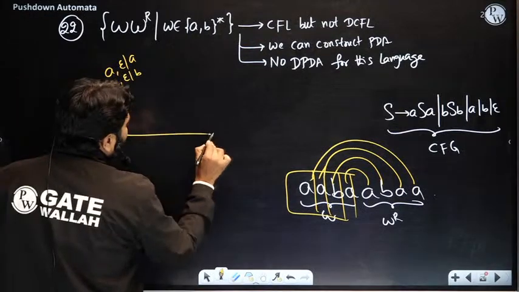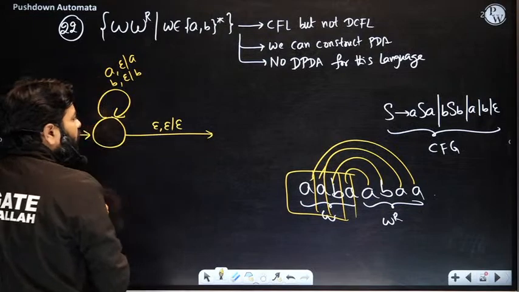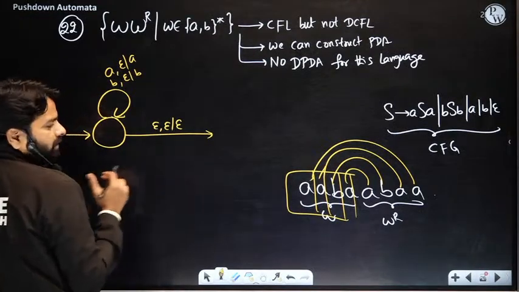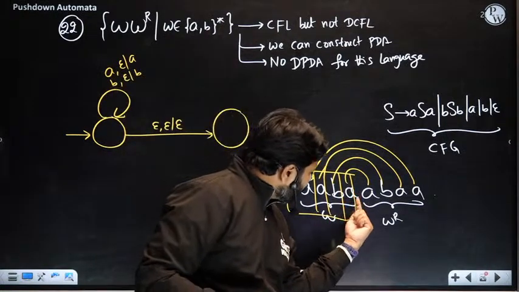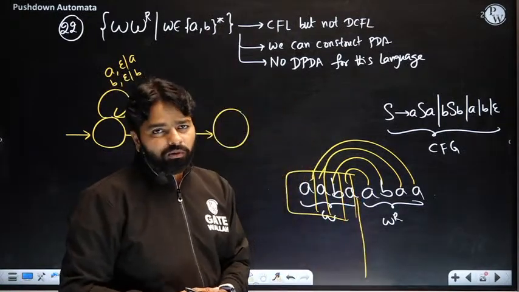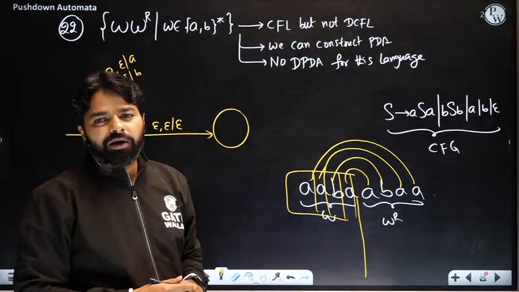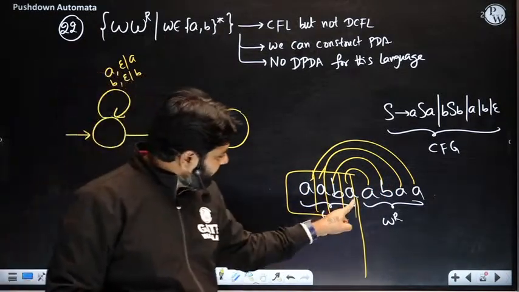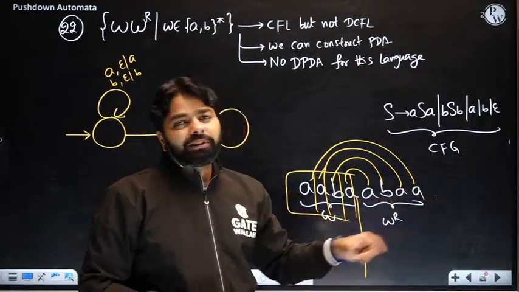But after some time I change my mind. See that? I don't read, I don't look at the stack, I don't do anything, but I change my mind. Maybe I change my mind at this point of time, I don't know, but if the string is valid, definitely at least one path goes to final, right? So here I change my mind, then whatever I pushed, I'm going to pop in the reverse order.